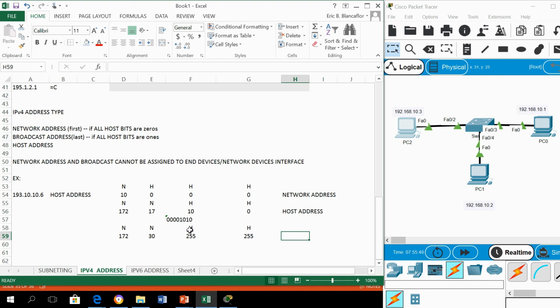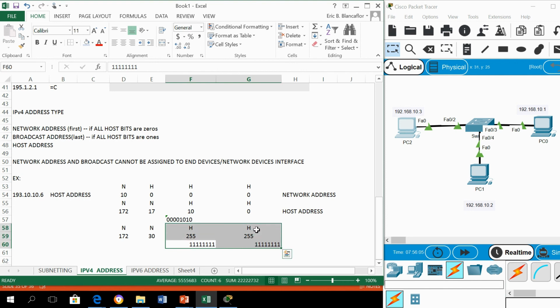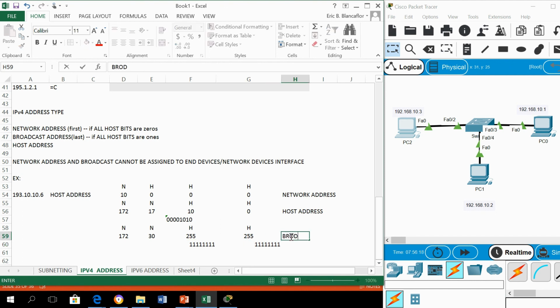We look at the host part. It's 255. 255 in binary is 8 ones, right? 1, 2, 3, 4, 5, 6, 7, 8. So it meets the condition of the broadcast, that all host bits are ones. Therefore, this is a broadcast address. Okay, there. So I am done.